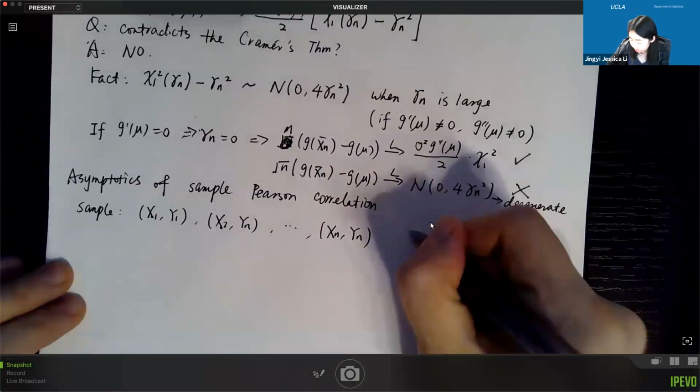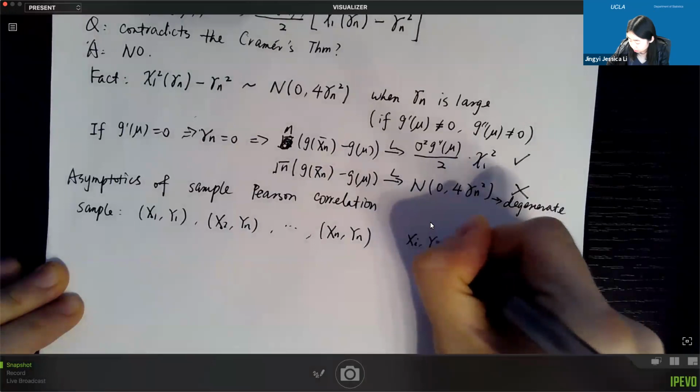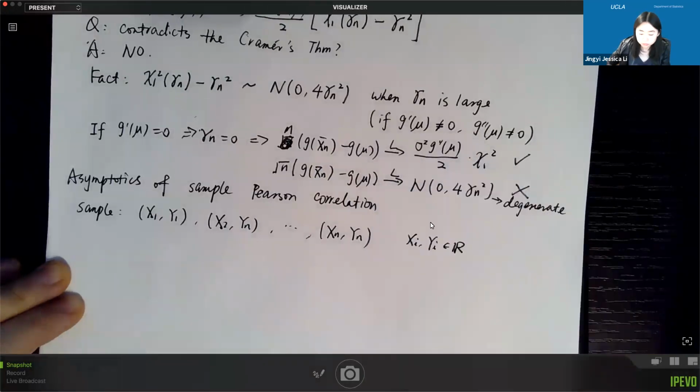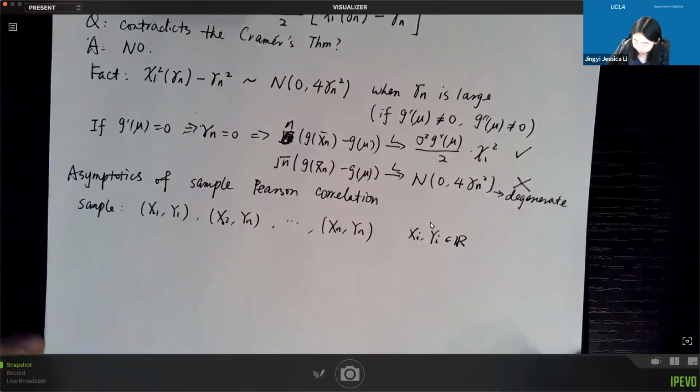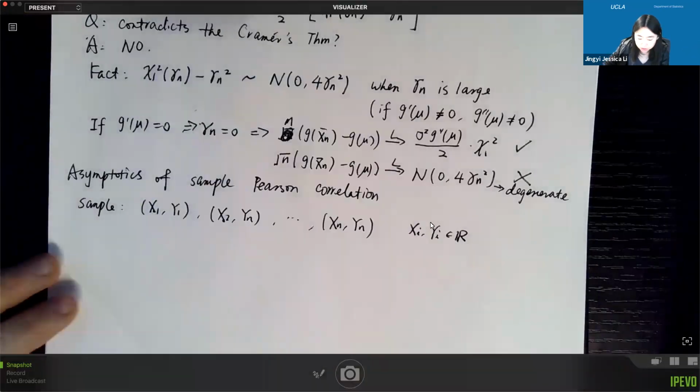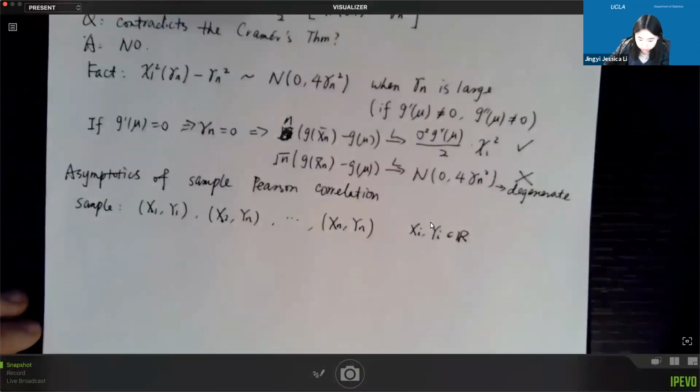Okay, so xi, yi are one-dimensional. And what is the formula of their sample Pearson correlation? So let's first introduce a few notations. The first set of notations is at the sample level, and the second set of notations is at the population level.